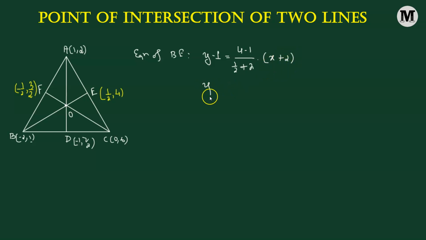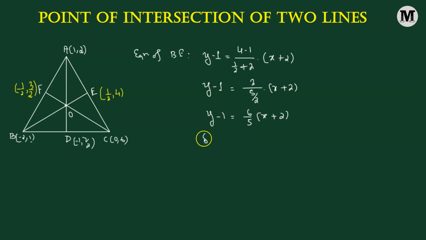So we have y minus 1 equals 3 divided by half added to 2, that's 5 over 2, multiplied by x plus 2. So we have y minus 1 equals 6 over 5 multiplied by x plus 2.